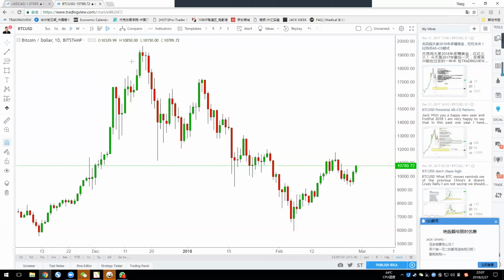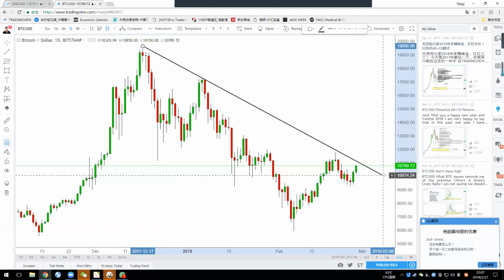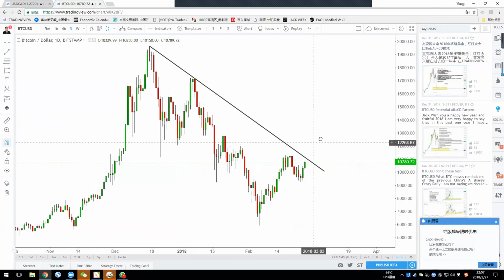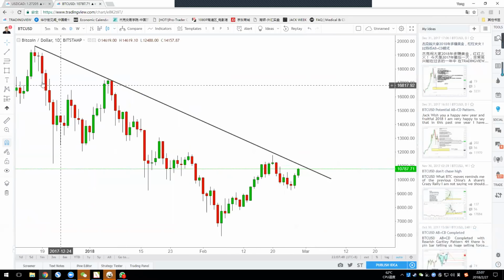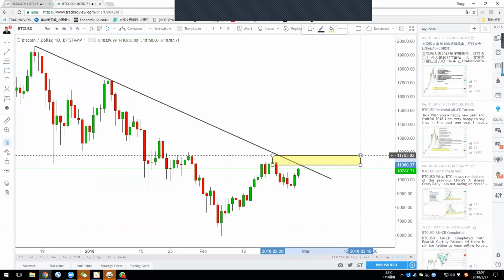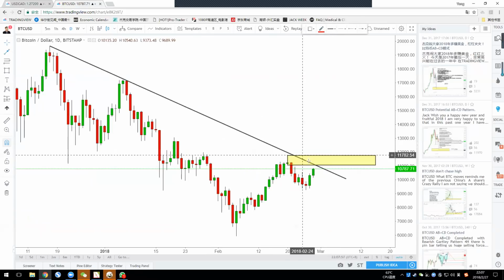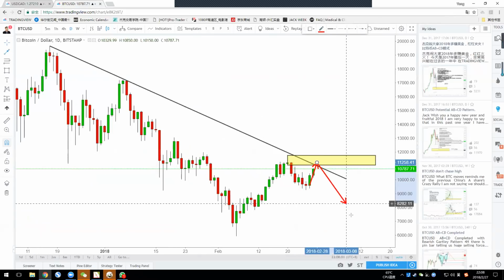So this is a very good example of how ABCD patterns, how harmonic patterns can help us. Here for the BTC, we can see that the long-term trend line is still working. It's still not breaking this high, so what we should do is watch closely this 11,000 to 12,000 level. If the price cannot break this high, it will go down again.